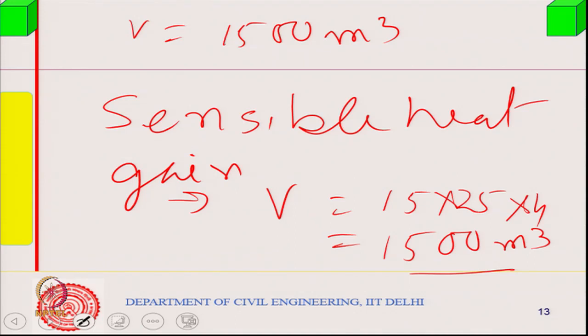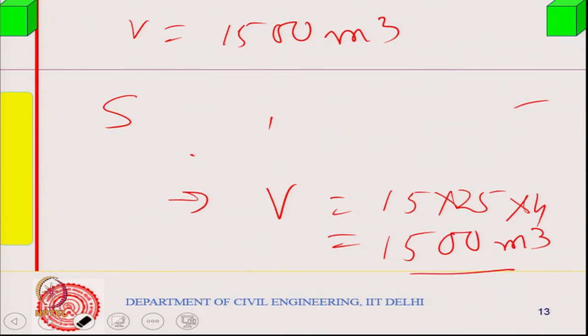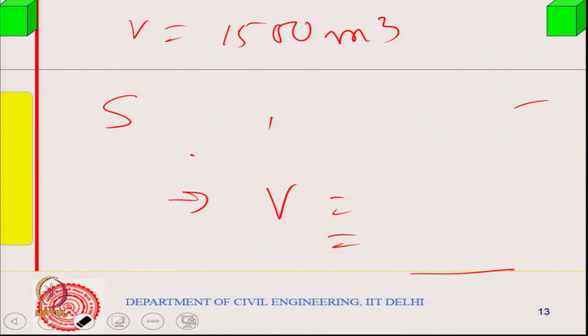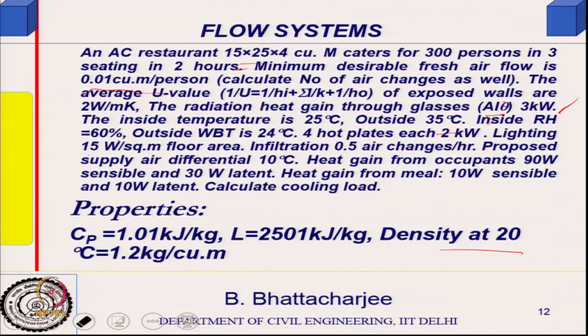I want to find out the sensible heat gain. It will have a component of heat gain through the walls and all surfaces. The average U value of exposed walls is given, and for the total heat gain, what is the wall area?